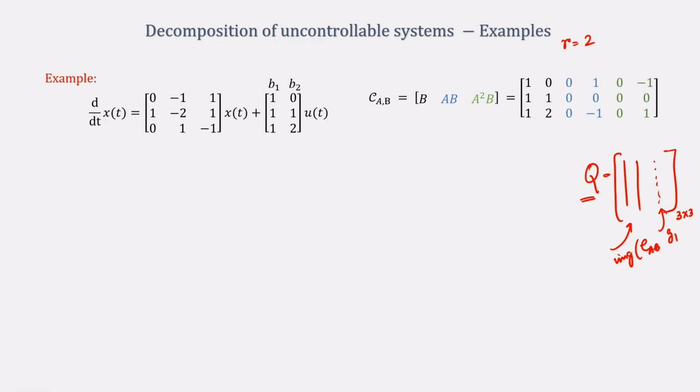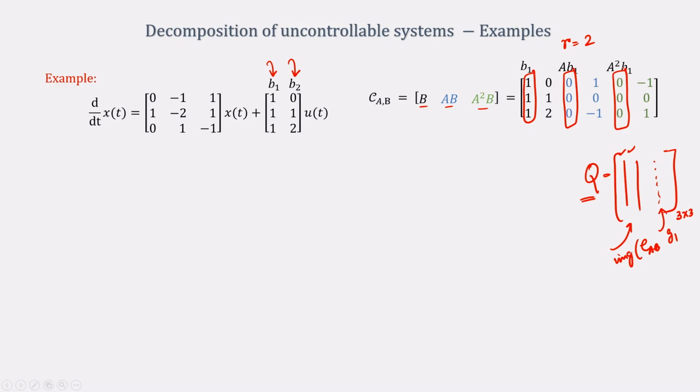Now, what is the Q matrix that we will choose? An easy way of finding the basis vectors for image of CAB for the MIMO case is this. Let me say that this is your first column vector; the first column of the B matrix I am calling B1, and the second column of the B matrix I am calling B2. Now, when I write B, AB, A square B, the first column is B1, this column is AB1, and this column is A square B1.